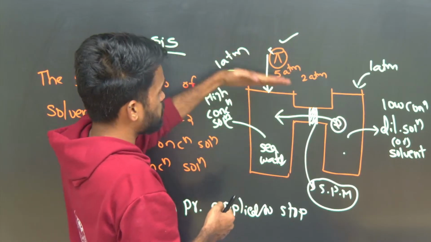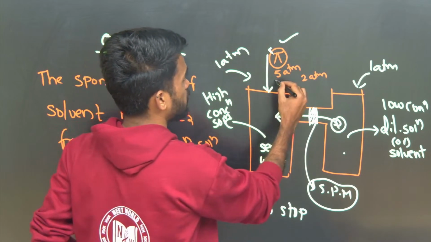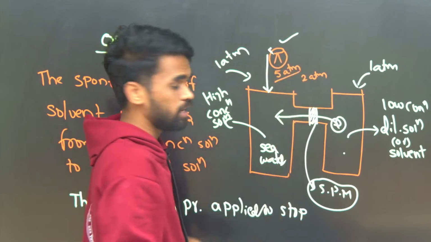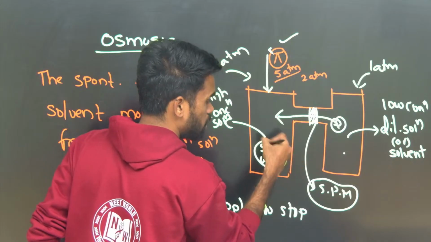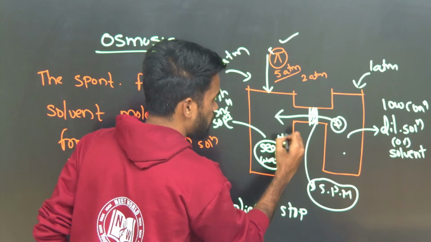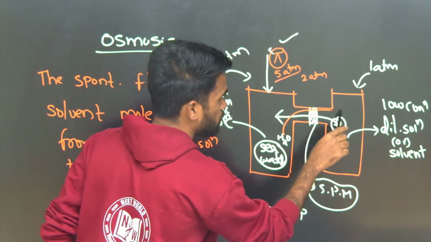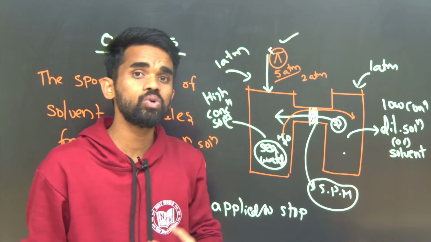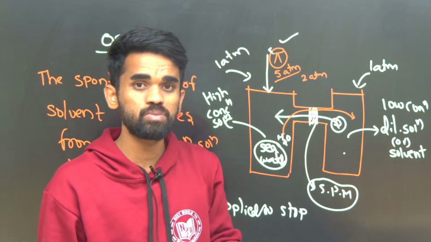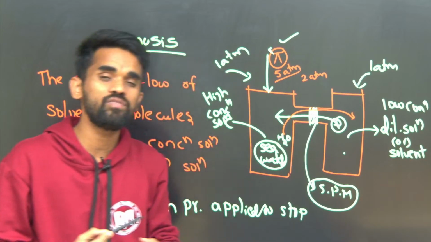When we apply this extra pressure, say an extra 3 atm, the solvent molecules move. What is our solvent in sea water? Water only. So the water moves from here to here. This is how we can use the reverse osmosis technique for purification of water.